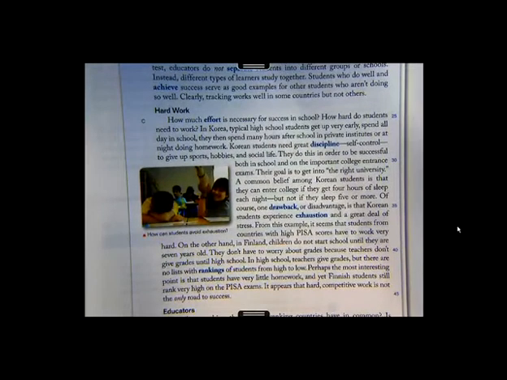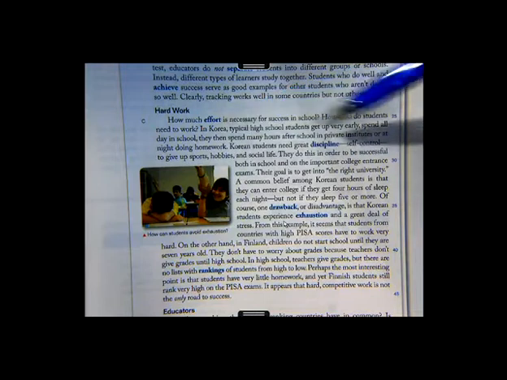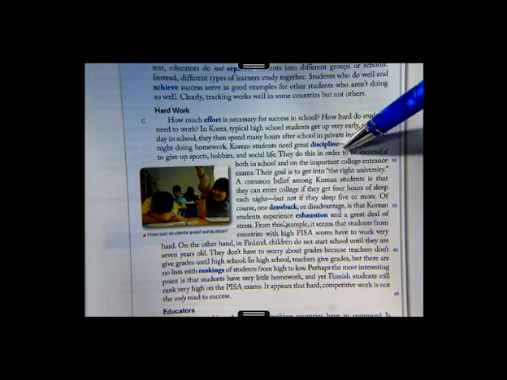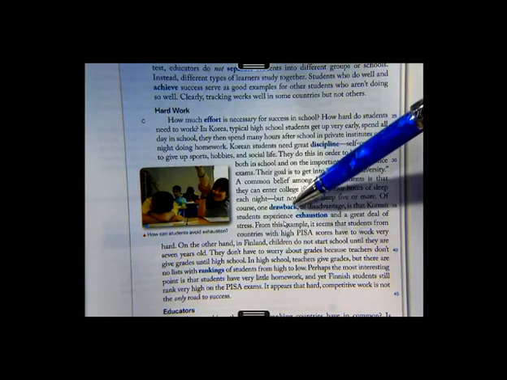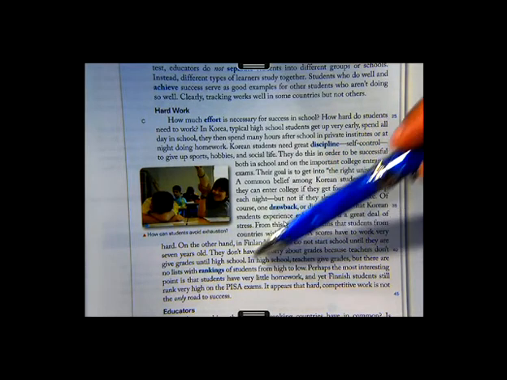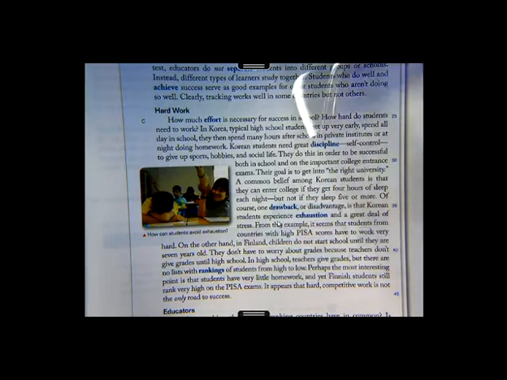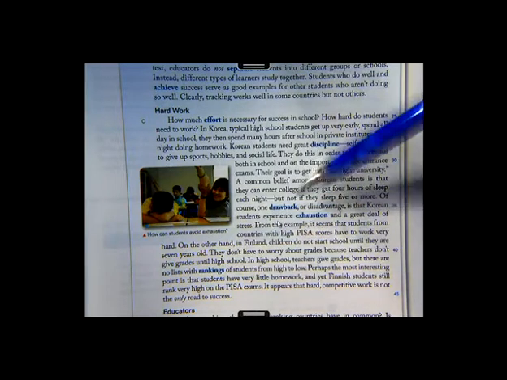All right, the words here are effort, the word effort, discipline, drawback, exhaustion, and rankings. These are the words that are written in bold, and one of them is the correct answer.